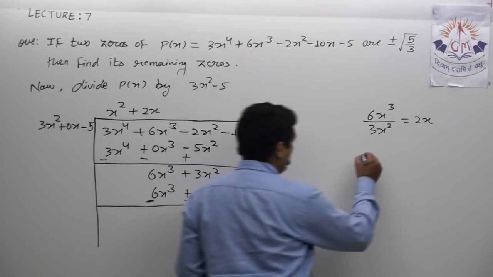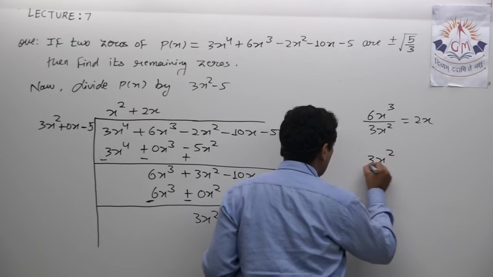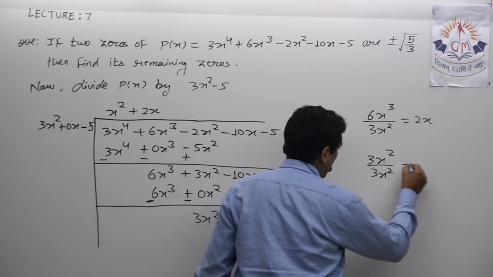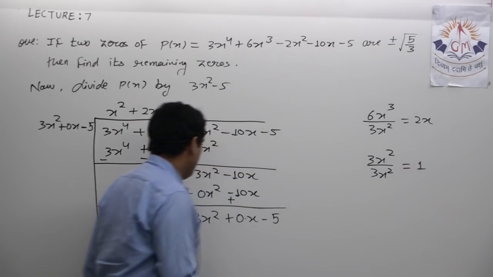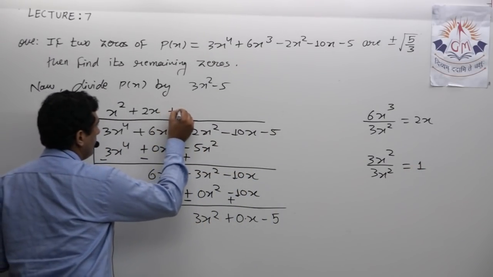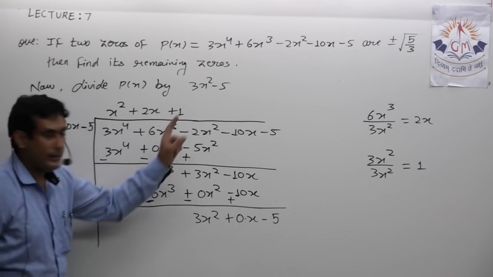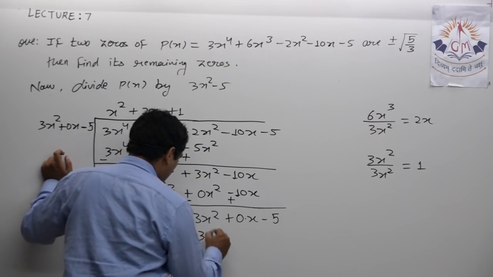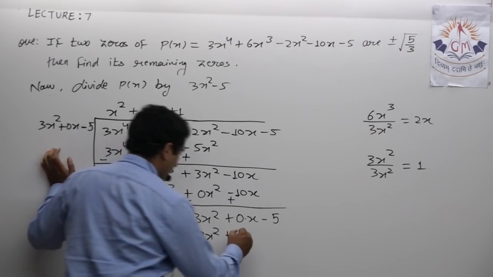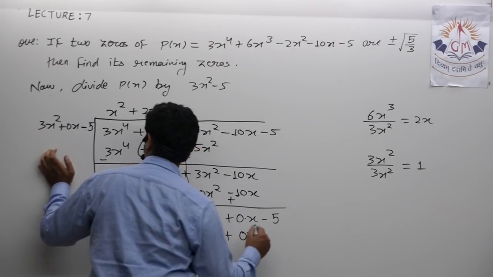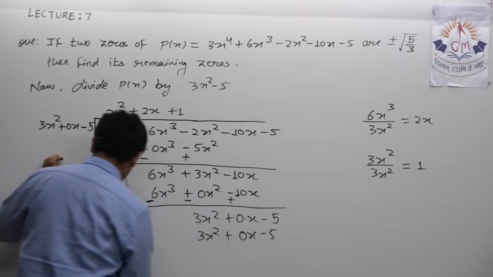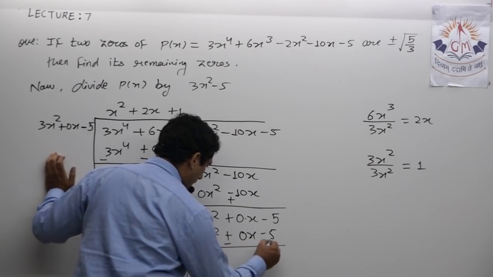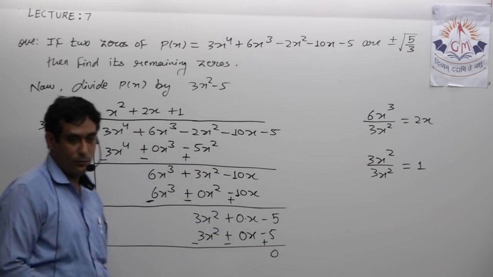Okay, now to get the new term of the quotient, I will divide the first term of the new dividend by the first term of the divisor, and hence I will get 1, which is actually plus 1. Now I will multiply this 1 by these three terms. So 1 into 3x square remains 3x square, 1 into 0x remains 0x, 1 into minus 5 remains minus 5 only. Now on subtraction over here, I will get remainder as 0.